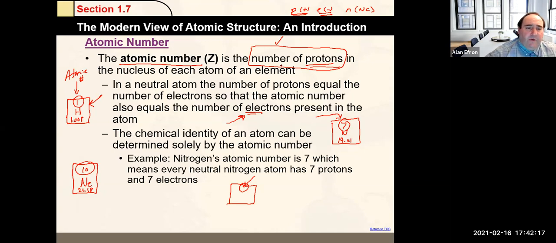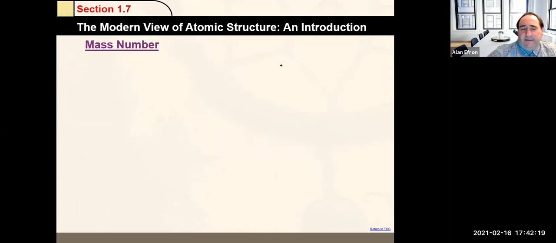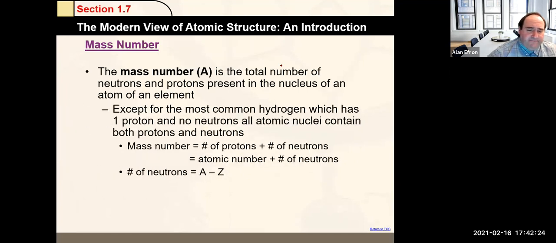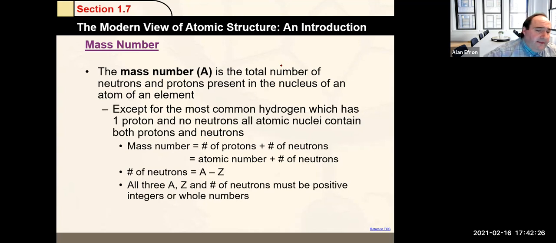Another important number is what is referred to as the mass number. The mass number is the number of protons plus the number of neutrons that you find in an atom. We have our atomic number from the previous slide, which is our number of protons.